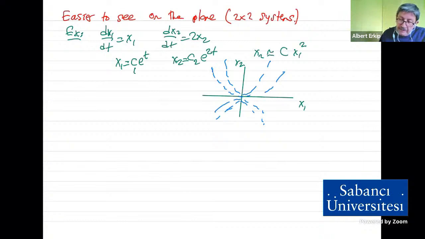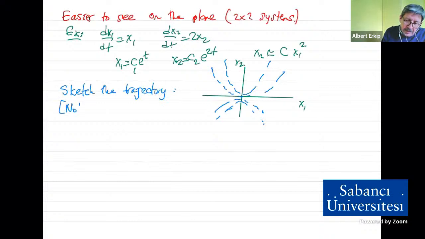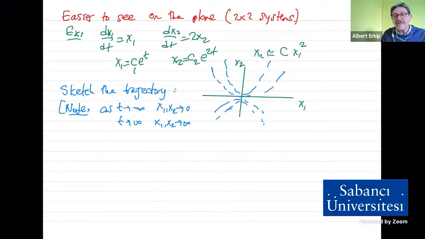Now, as a curve in t, let's sketch the trajectory. So note, as t goes to minus infinity, x1, x2 go to 0. And as t goes to infinity, x1, x2 go to plus or minus infinity, depending on the sign. So basically, the trajectories are like this.